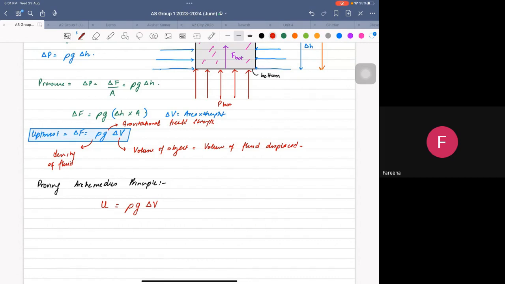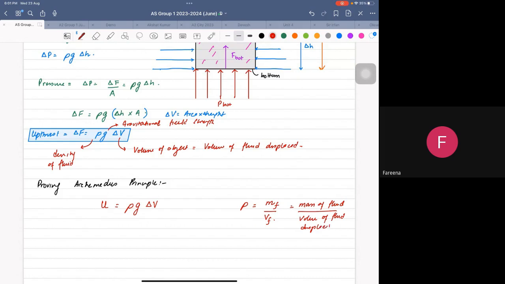Now, think about it this way: density of fluid will be mass of fluid over volume of fluid. You guys agree? Mass of fluid over volume of fluid that is displaced, right?